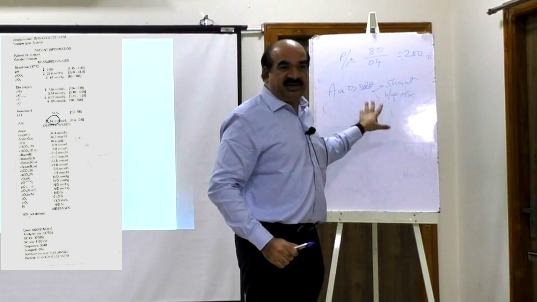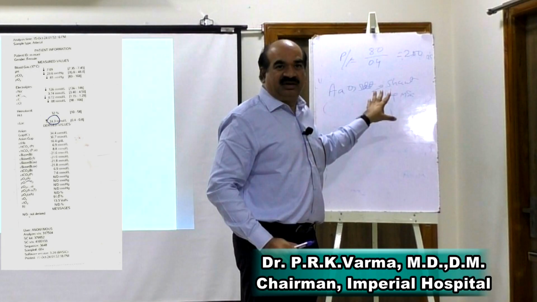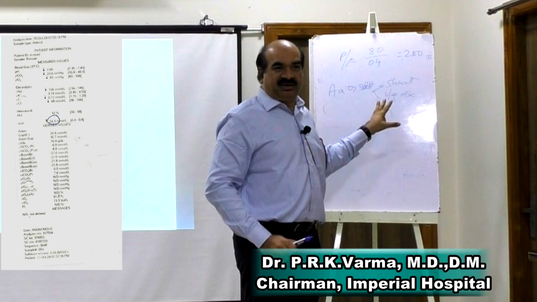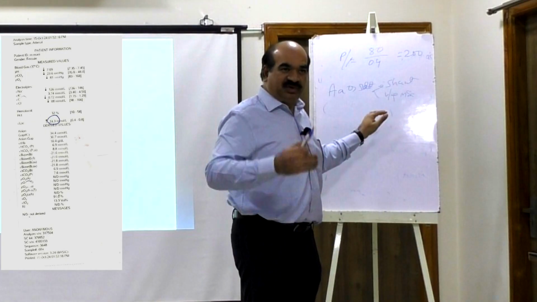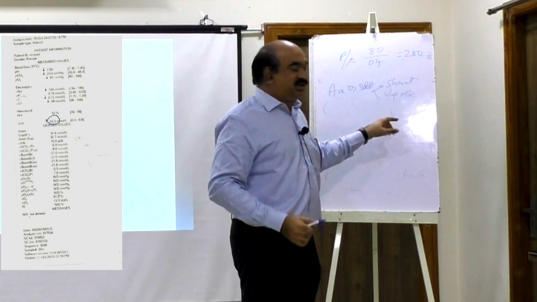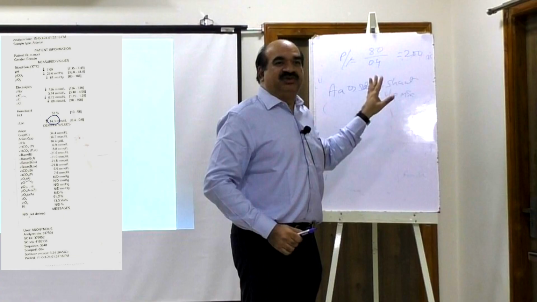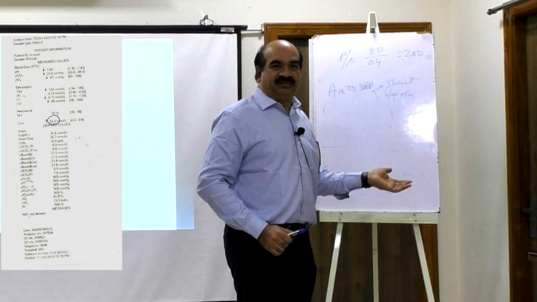So two important causes are shunt and VQ mismatch. If it is correctable with oxygen, if PaO2 increases with oxygen, that is VQ mismatch. If it is not correctable with oxygen, that means shunt. That can be an intracardiac shunt or an intrapulmonary shunt.